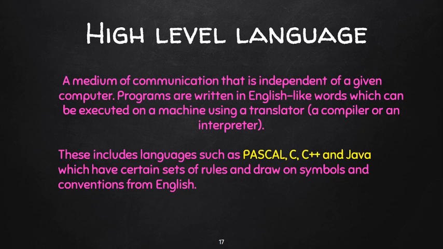A compiler is a program which will convert the high-level language into a machine-level language, that is, in the form of zeros and ones. The high-level languages such as Pascal, C, C++ and Java have a certain set of rules and draw on symbols and conventions from English.